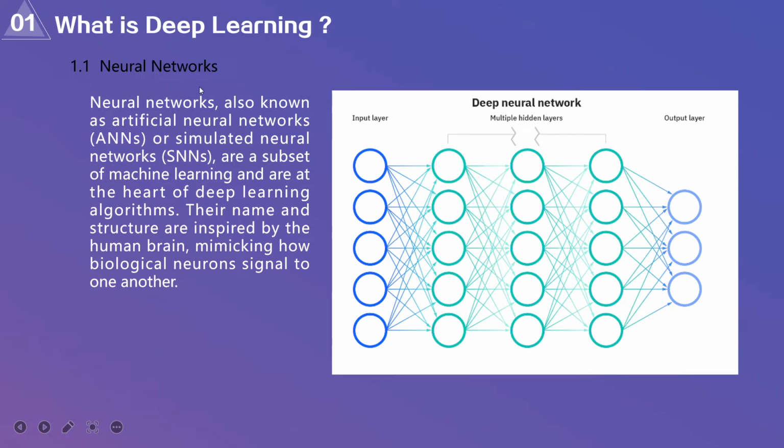Let's talk about the neural network. A neural network is also known as an artificial neural network or simulated neural network, a subset of machine learning and deep learning, and is at the heart of deep learning algorithms.